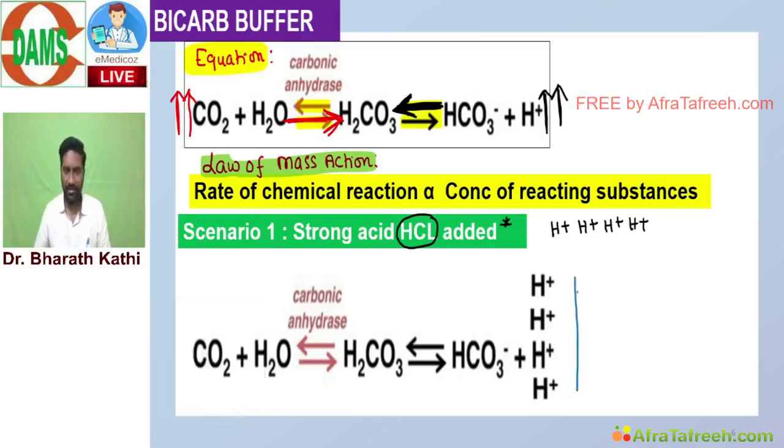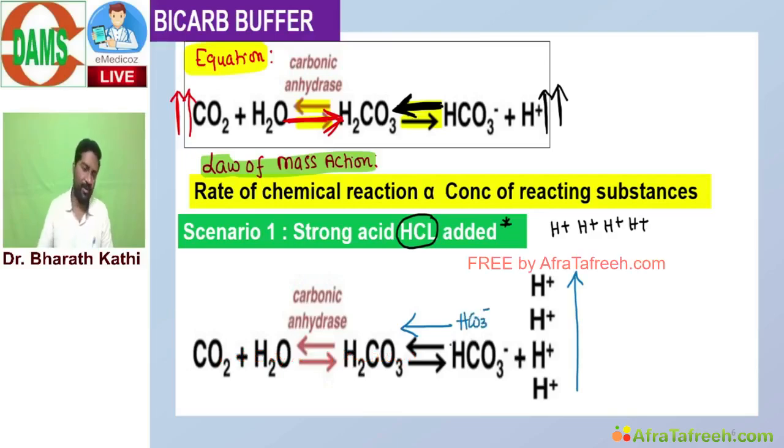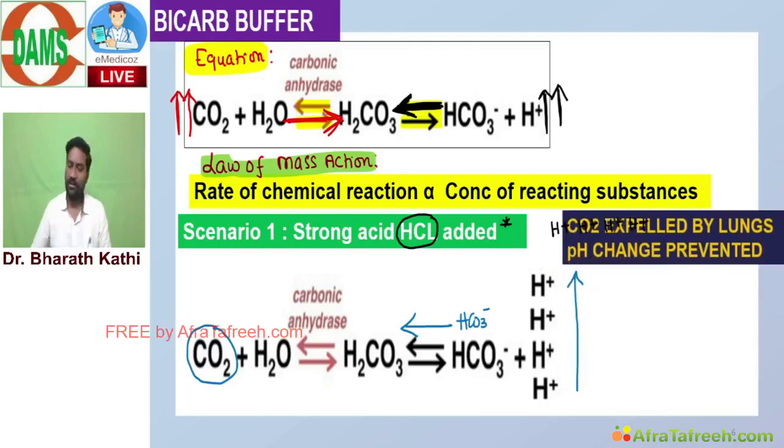Now because H plus has increased significantly, the equation will travel in this manner. All this excess H plus will be bound by your bicarbonate. It will be converted ultimately to carbon dioxide, which can be expelled out by your lungs.